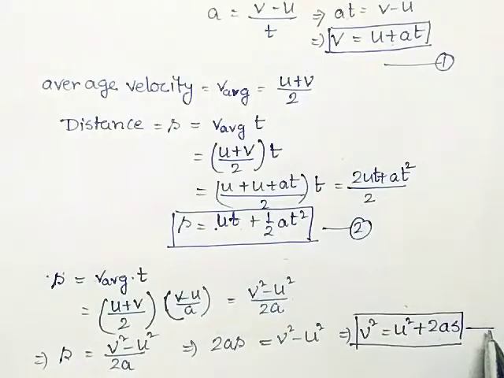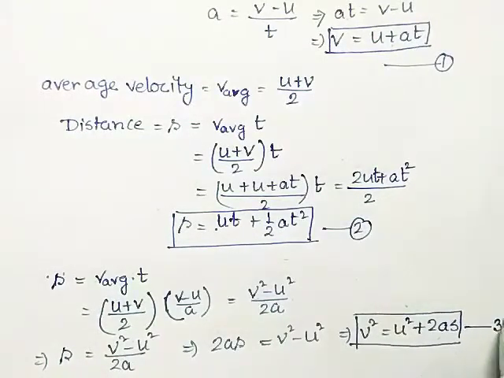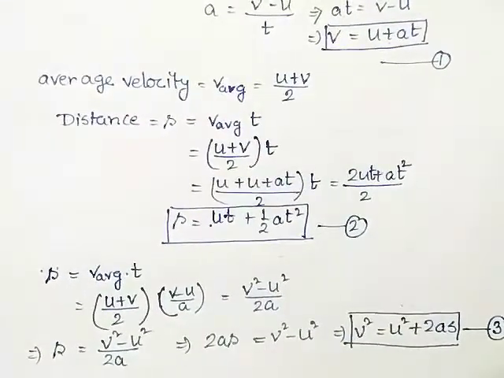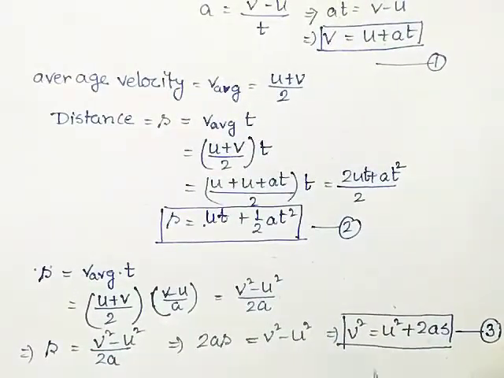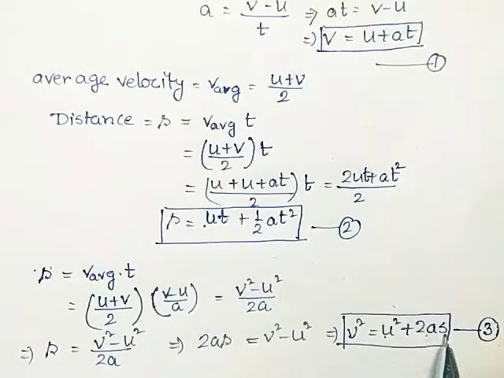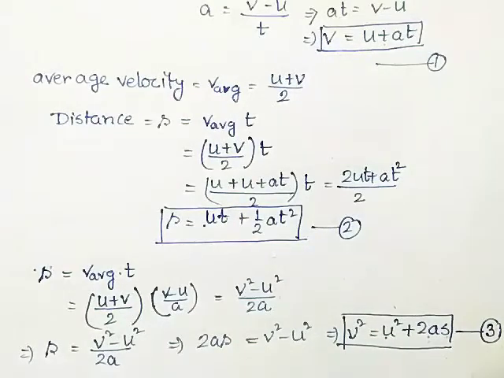Each equation of motion contains relations between any four dynamical variables. Obviously here, we have the final velocity, initial velocity, acceleration, and displacement. If any three of these are known, then we can use this equation to find the fourth one.